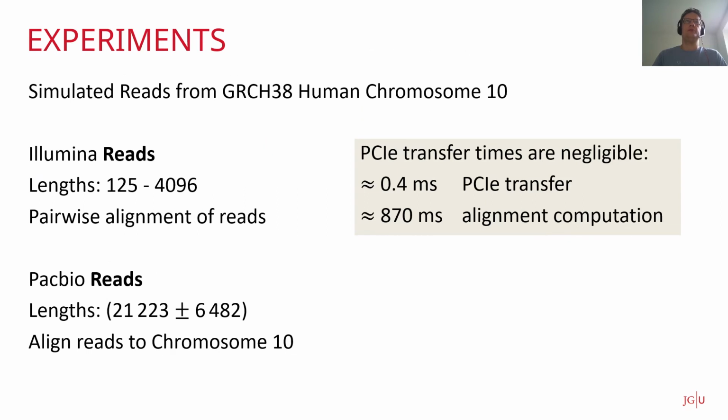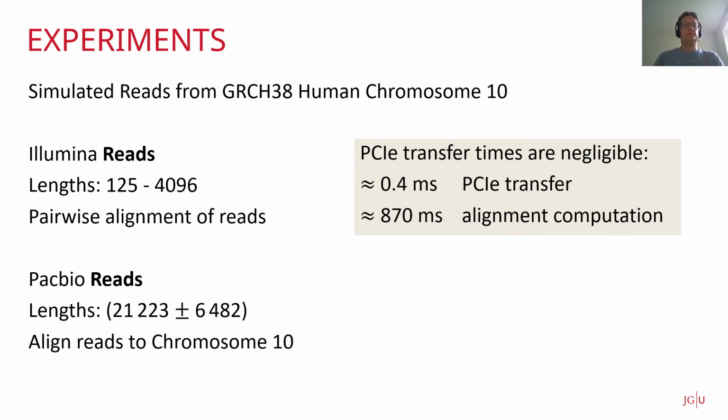In our experiments, we used artificial reads created from human chromosome 10: first, sets of Illumina reads with lengths from 125 to 4096, which were aligned pairwise, and second, PacBio reads with lengths around 21 plus or minus 6000, which were aligned to the original chromosome 10.